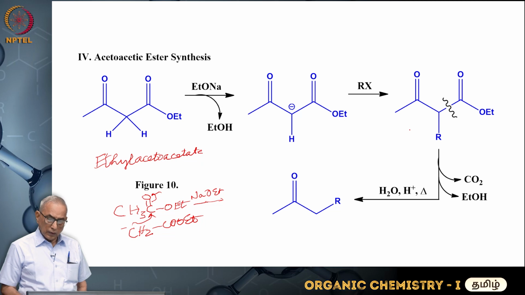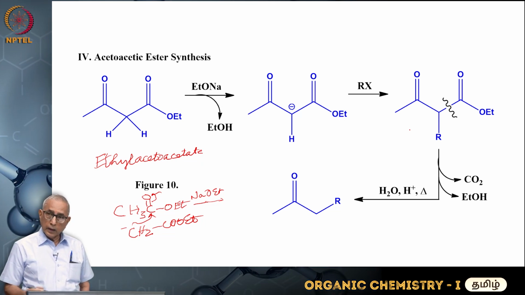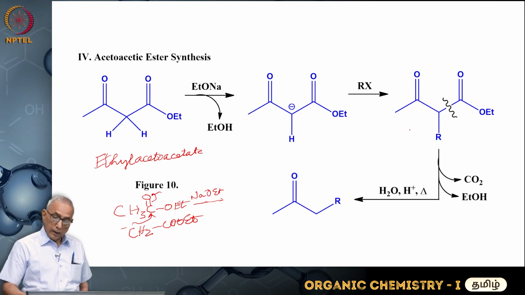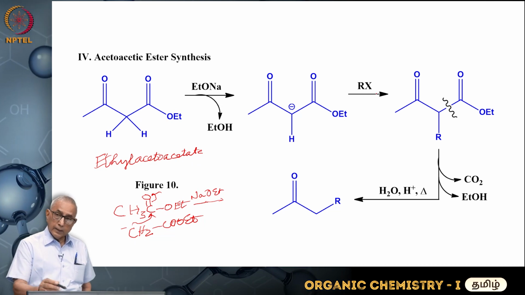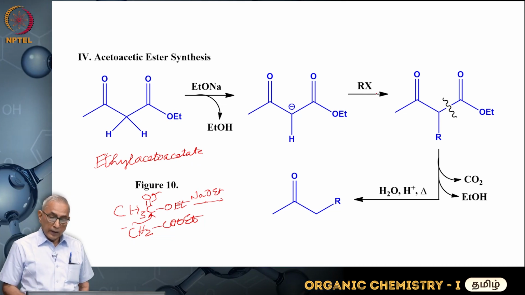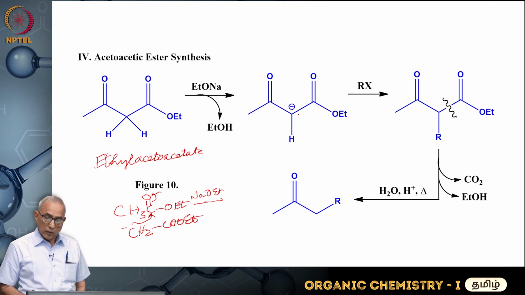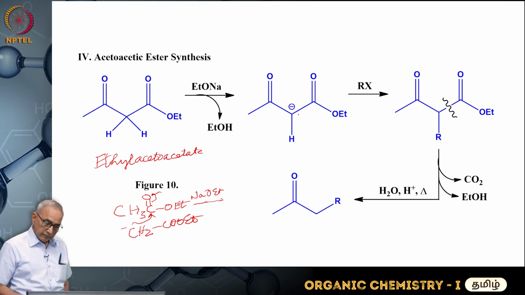It cannot be used for aromatic halides because aromatic halides do not easily undergo removal of chlorine. So this bond to X in an aromatic group is very strong and it will not be displaced by this negative charge. So it can be used only for alkylation, not arylation.